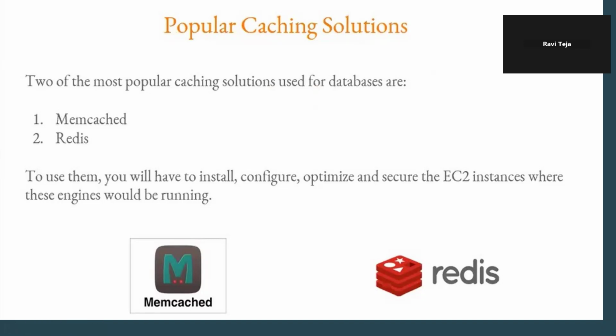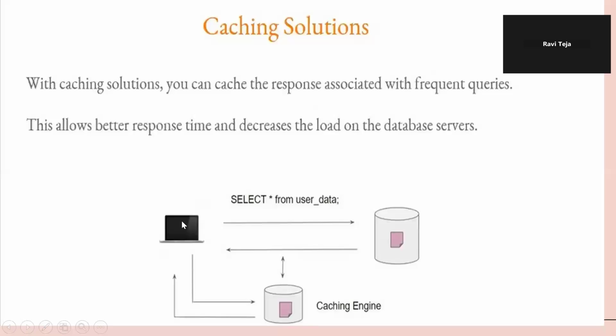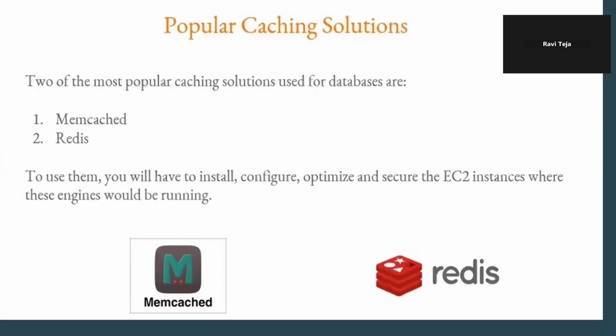After creating a cache solution, if the same request comes to the database, it won't go to the database. It will come directly to the cache engine, and that request will be processed and returned to the end user. This is nothing but a cache solution.